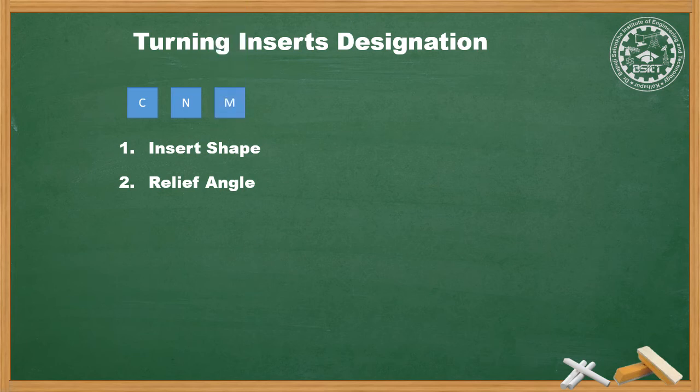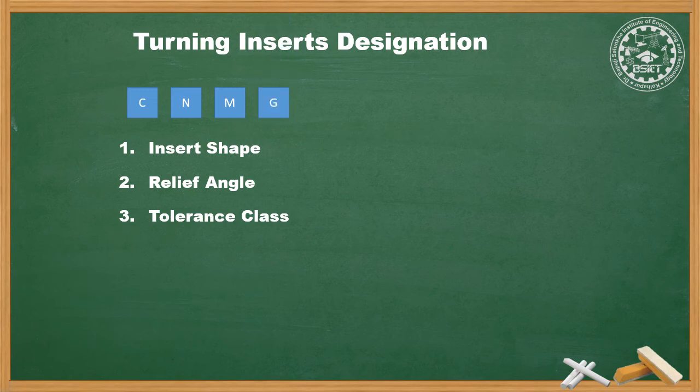The third is the tolerance class. There are different types of tolerance class, such as for circle it is different, for triangle it is different, and in this the thickness of the insert is given, the height of the nose is given, which we will not have to study in detail.